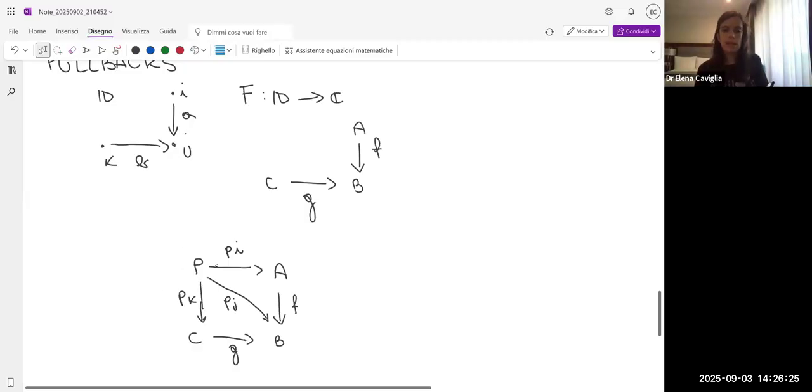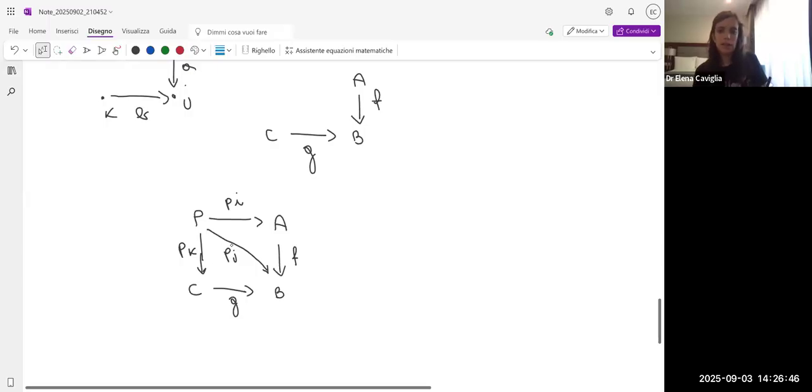But now what we notice is that since these triangles must all commute, so for example, p_I and F must be the same as p_J, and p_K and G must be the same as p_J, this diagonal arrow p_J is completely determined by the other two, because it's simply p_I composed with F, or also p_K composed with G. So this arrow p_J, we can forget about it.